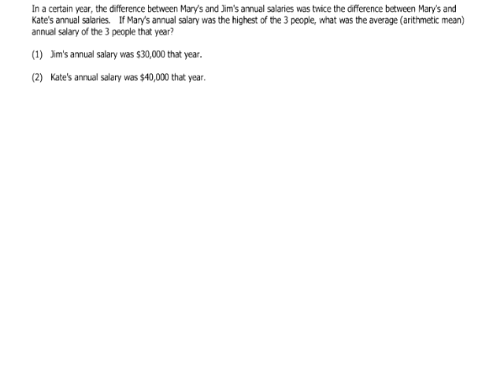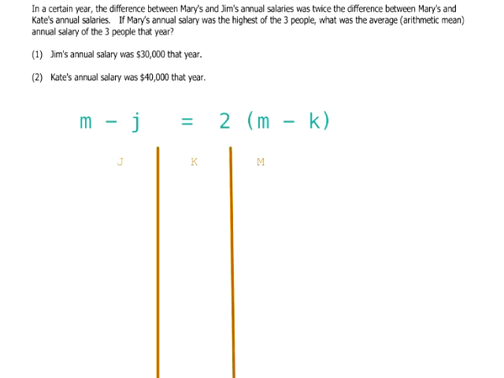Here's a problem again. Here's the equation that we figured out. So you can just make a table: Jim, Kate, Mary. And then for the two statements, remember the goal is to try to get two different numbers in there.